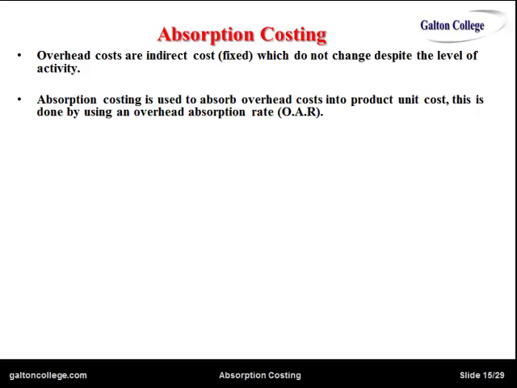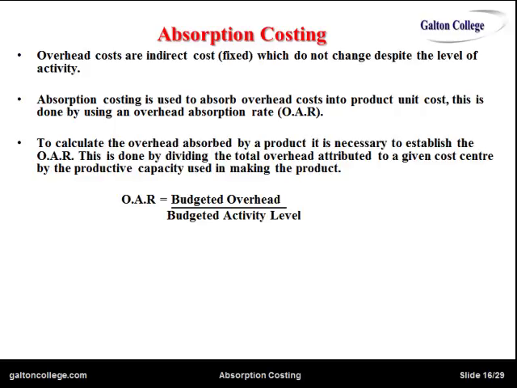Absorption costing is used to absorb overhead costs into product unit costs. This is done by using an overhead absorption rate, OAR. To calculate the overhead absorbed by a product, it is necessary to establish the OAR, the overhead absorption rate.